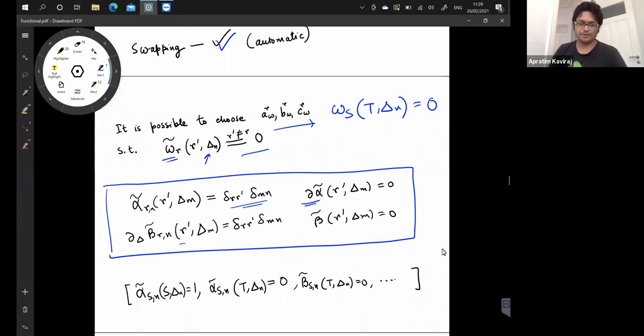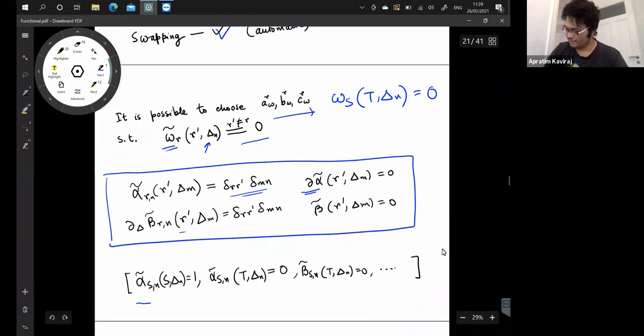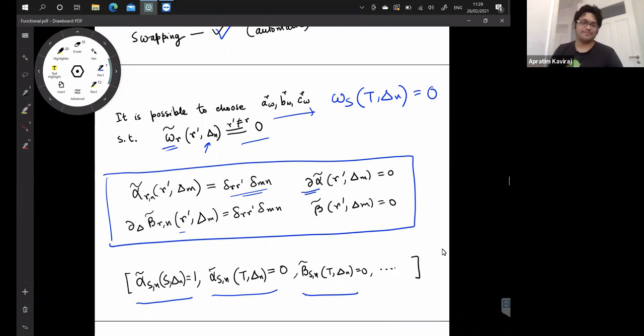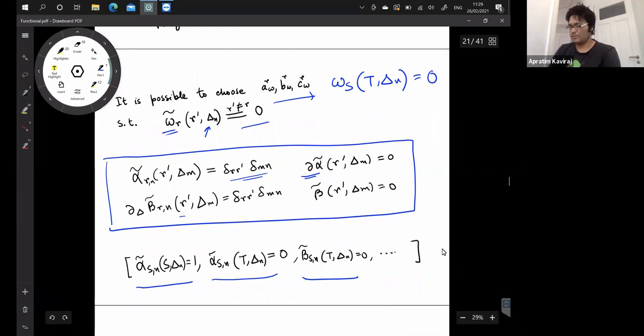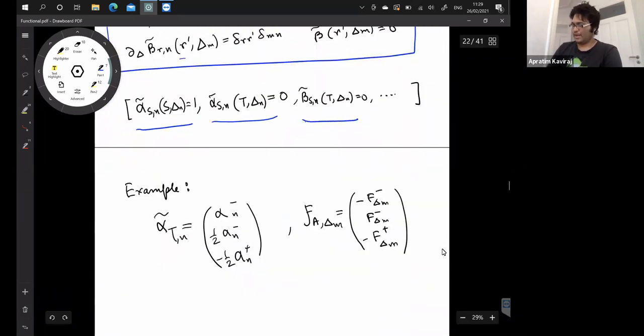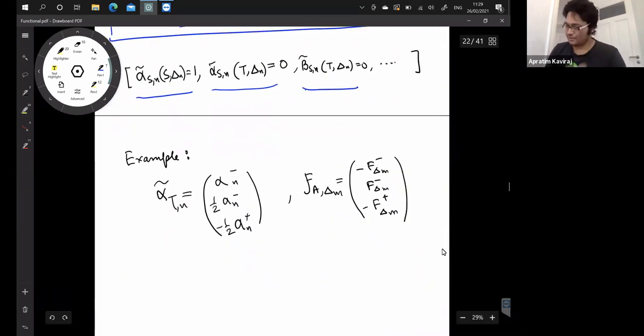Very similar to the O1 analytic functionals. And you can see these examples. These are all true. Alpha tilde A acting on the singlet sector is 1, on the other sectors is 0, and so on.